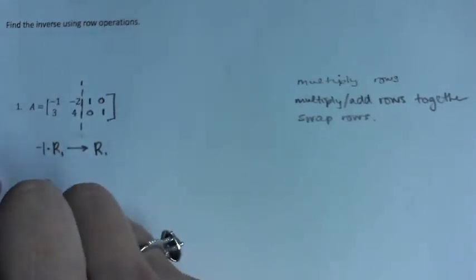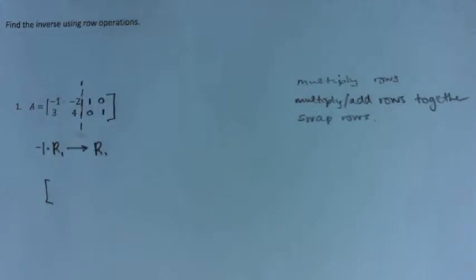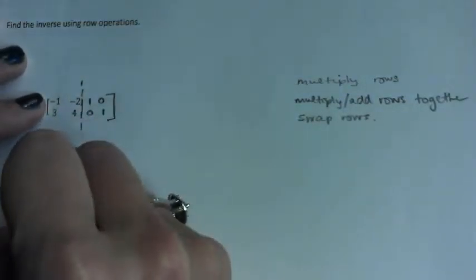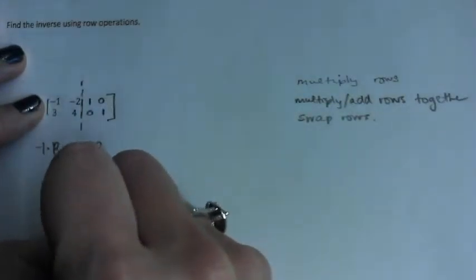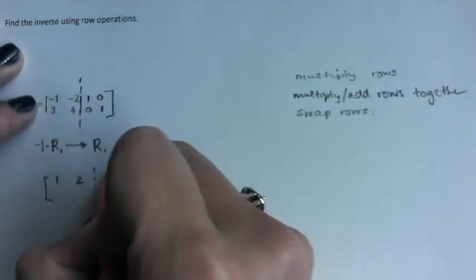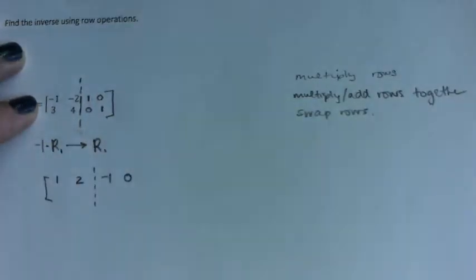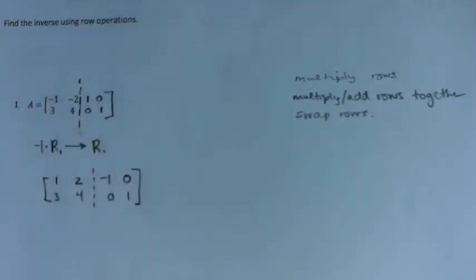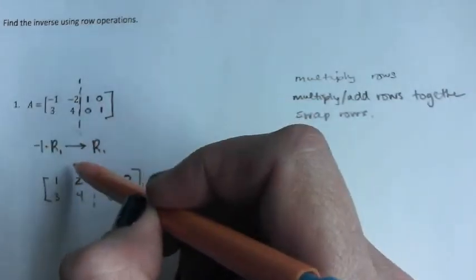So down below, I'll do that. I left a whole sheet of paper because I suggest we use as much space as we need to keep this clear. If I take row 1 and multiply everything by -1, that's going to be 1, 2, there's my dotted line again, -1, and 0. And I'm not touching the second row. So far, so good. That's step 1.